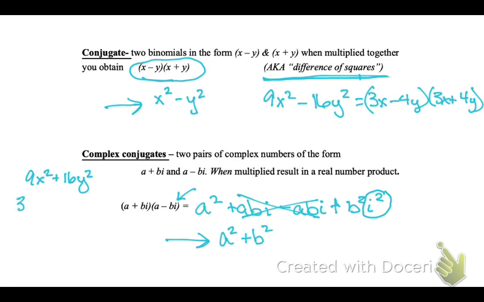So it would be 3x minus 4y i and 3x plus 4y i. Because when I did this last multiplication here, I would get negative 16y squared i squared. And what would the i squared do to the 16? It would turn it positive, and we would get back to the original problem.